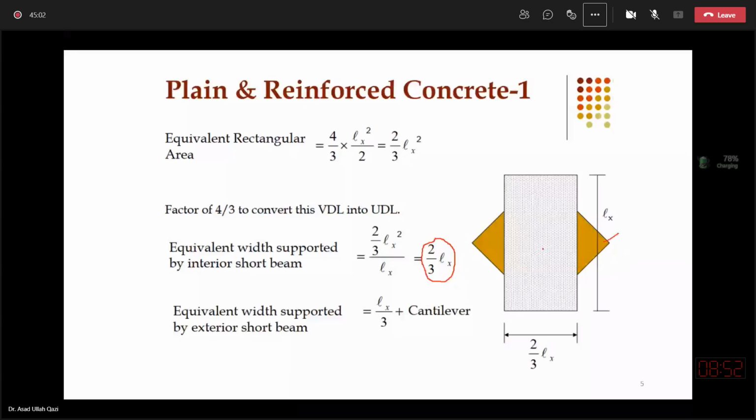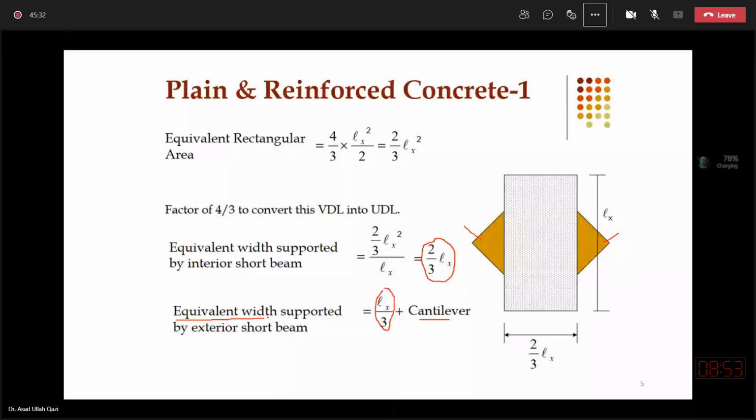If the beam will be exterior and it has one triangle, then exactly half of it will be the equivalent width, and it will drop to LX by 3. And if the exterior shorter span beam has a cantilever, it will be added directly into the equivalent width. So this equivalent width derivation is explained in that video lecture. So please watch that video.